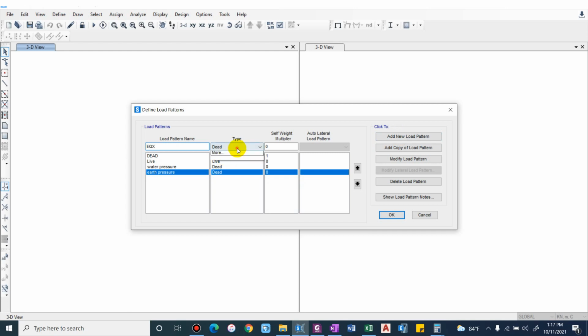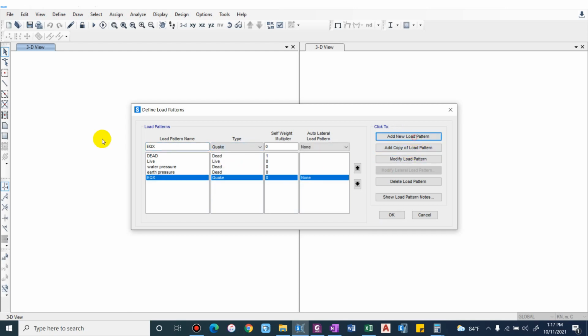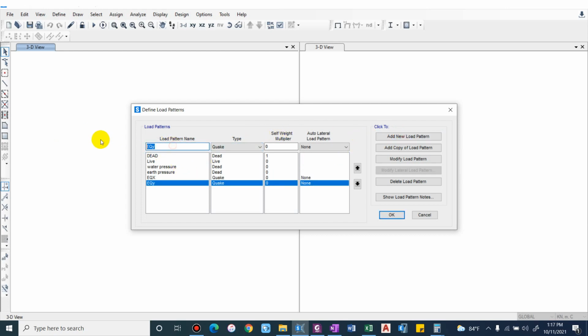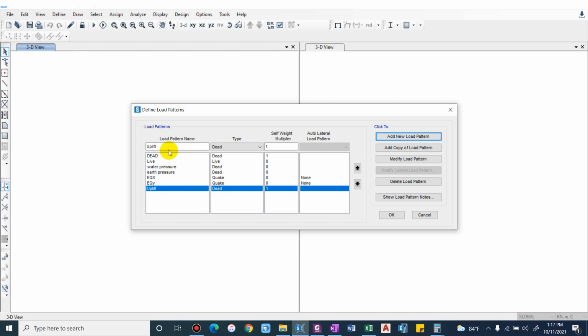EQX, this will be a quake type, so add new load pattern, and similarly EQY, add new load pattern, and finally there is uplift, and this is dead, add new load pattern, and we'll add the dynamic water pressure as well, so this will be 0.